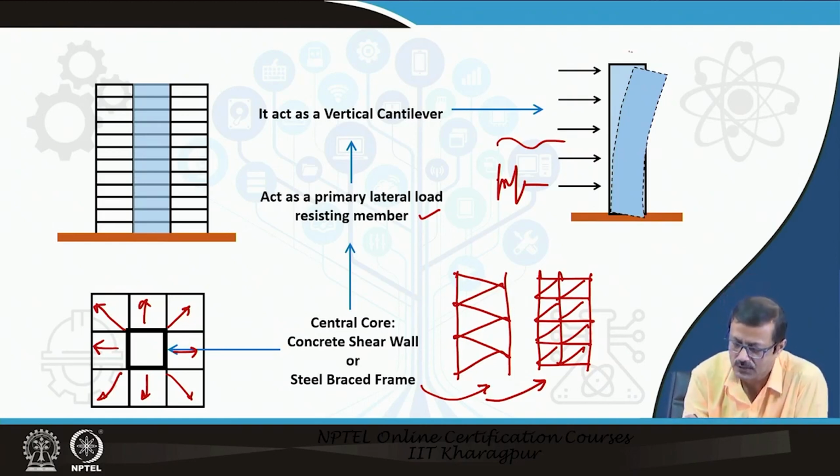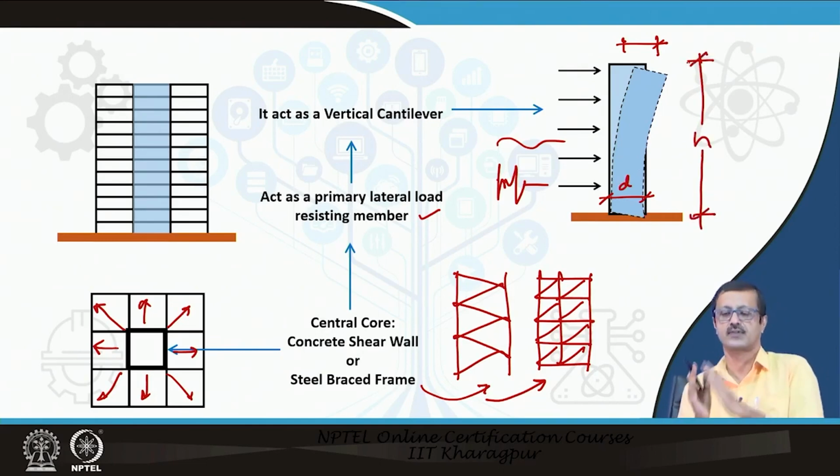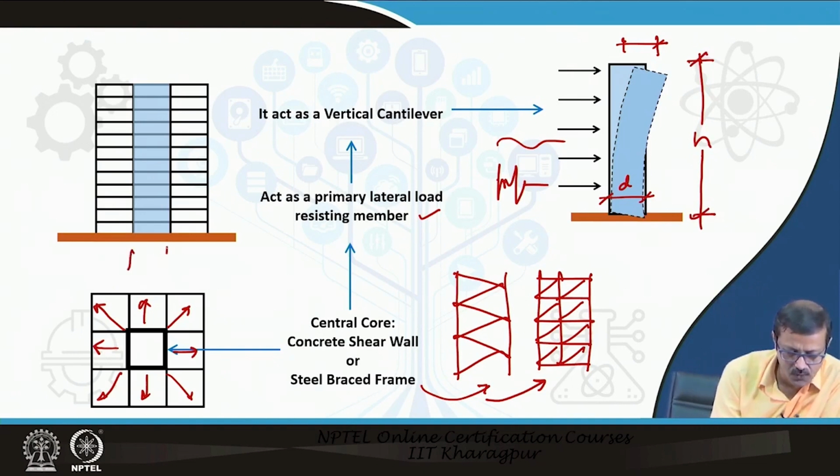And when there is a shift, this shift will be determined by the depth and the height of the building. These two are very important criteria for the shift. And definitely this depth is the depth of your core, that is your shear truss depth.